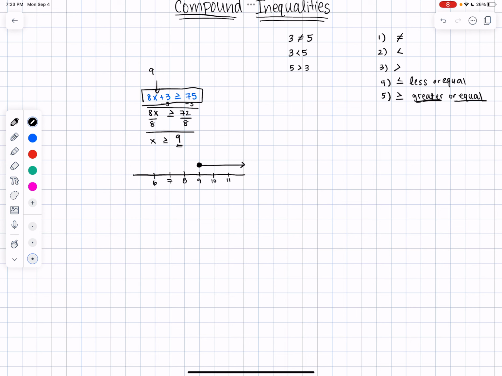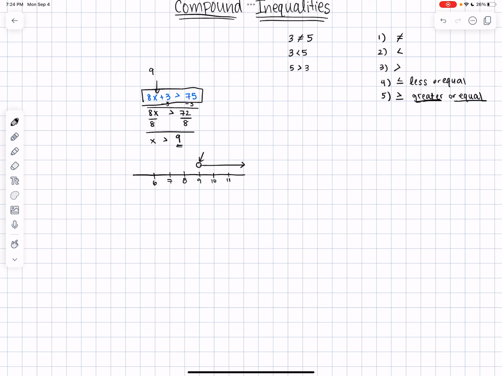Well, what if there was no line? What if you removed that line? Then you would have to remove the line here too, and this would basically be an open circle at 9. This means that the number 9 is not included.